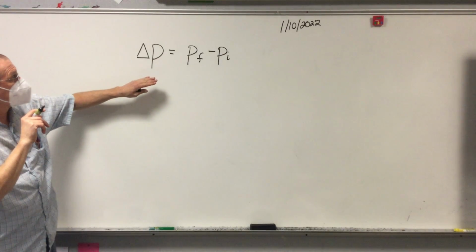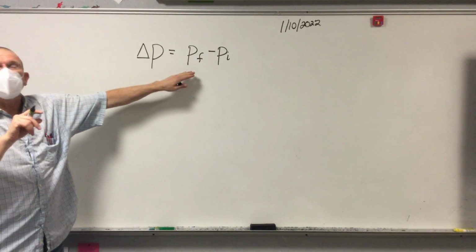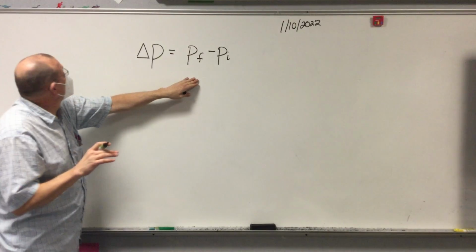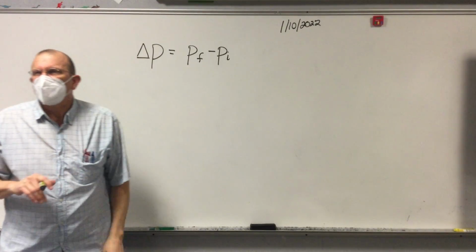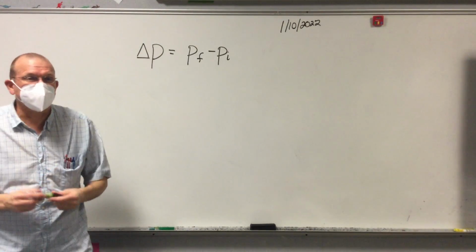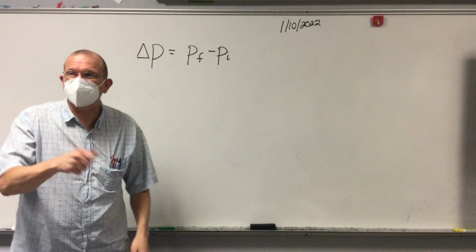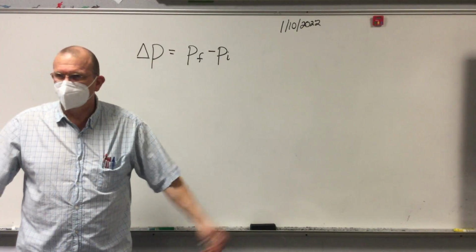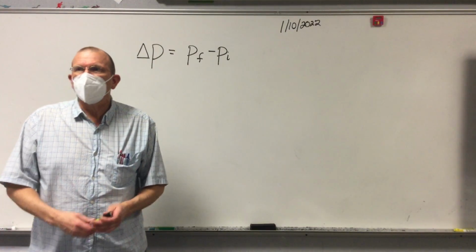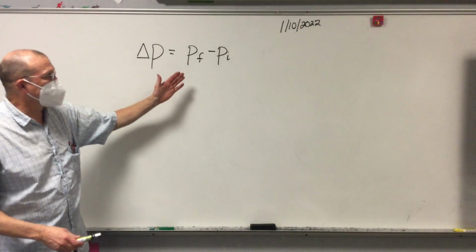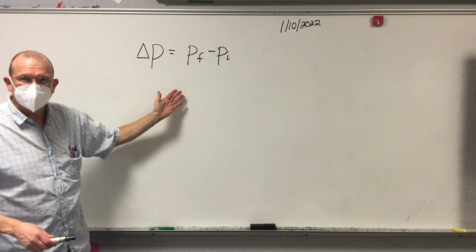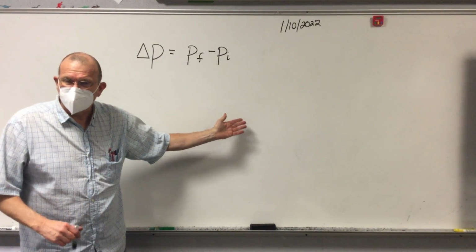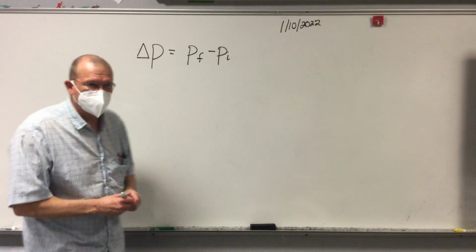Now, when it comes to measuring momentum, we don't have a device that directly measures momentum. I think you'd call that thing a momentumometer. We don't have them. What we have are devices that can measure the mass of an object and its velocity, and then we figure out what the momentum is.